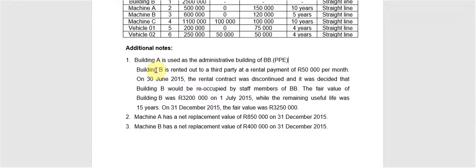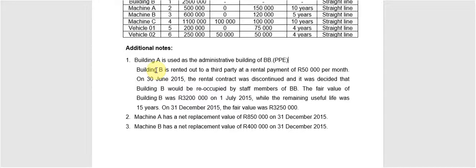On 30 June 2015, the rental contract was discontinued and it was decided that building B would be reoccupied by staff members. So it used to be rented out. That means it was investment property and now it is becoming PPE because our staff members will occupy it as from 30 June, it seems.